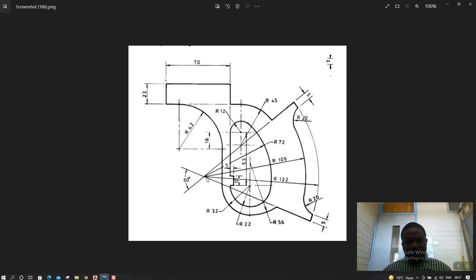Then we join this and find, so it's 72 plus 12. We strike an arc from this curve. Here it's 72 plus 22 radius, and then from this circle we strike another arc outside there.